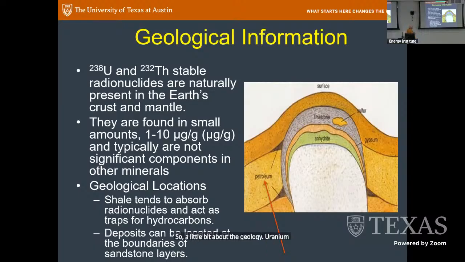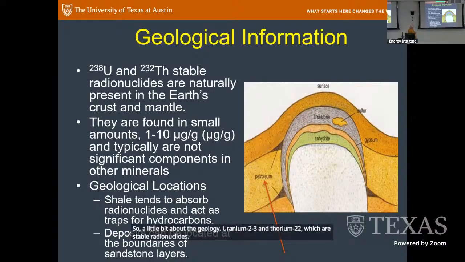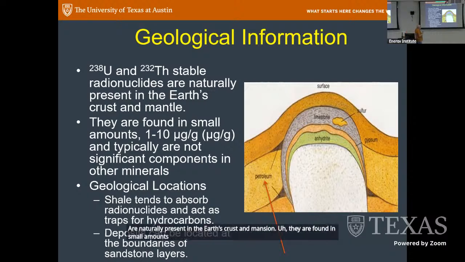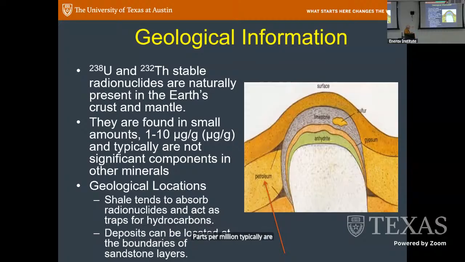So a little bit about the geology. Uranium-238 and thorium-232 are stable radionuclides. Uranium-238 has a half-life of 4.5 billion years. They are naturally present in the Earth's crust and mantle. They are found in small amounts, 1 to 10 micrograms per gram, parts per million, and typically are not significant components in other minerals.